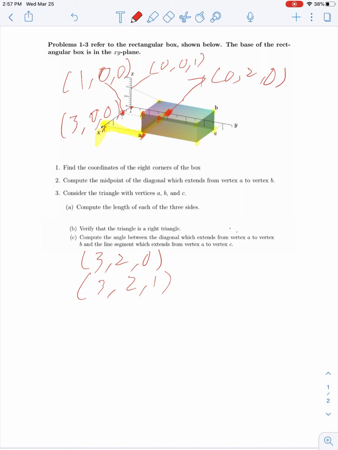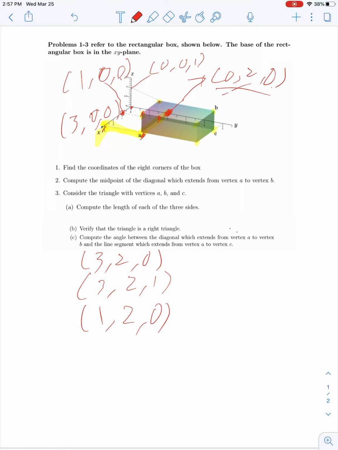So we are going to just write that guy right here as 1, because it has the same x coordinate there, and then it has the same y coordinate as this guy, so that's 2, and then it's going to have the same z coordinate as both of them, so that's 0 right there, 1, 2, 0.